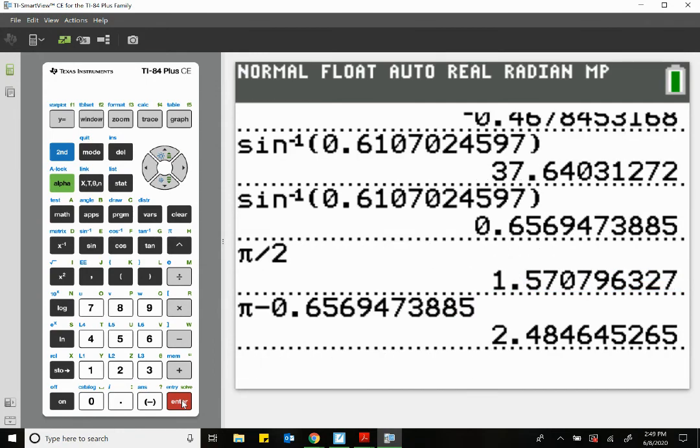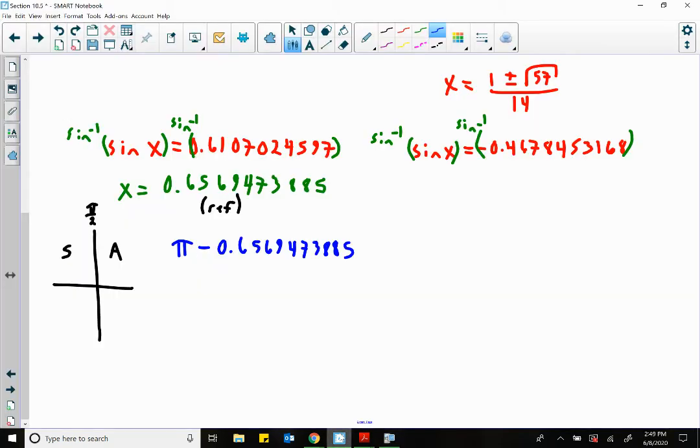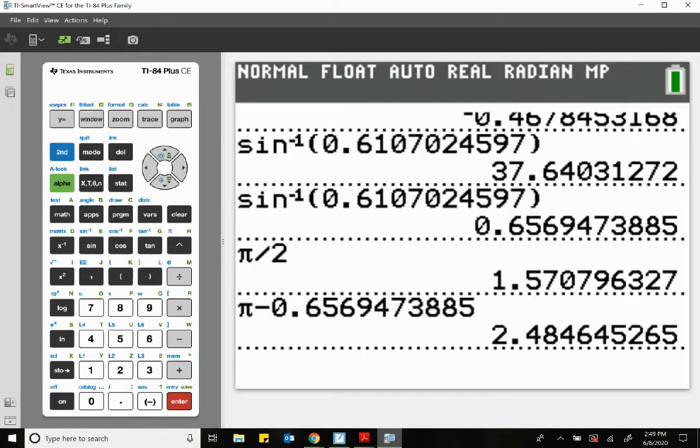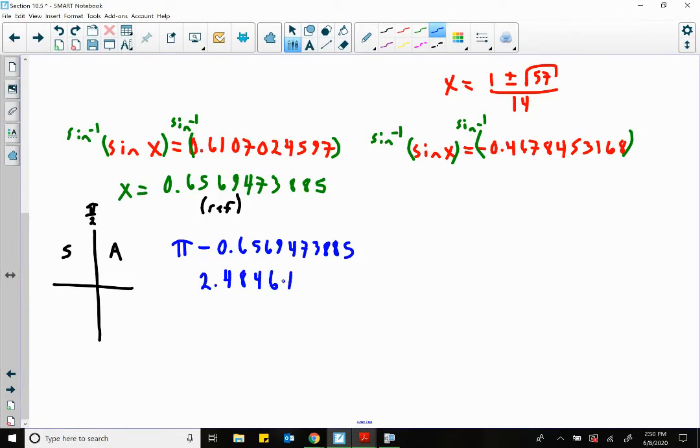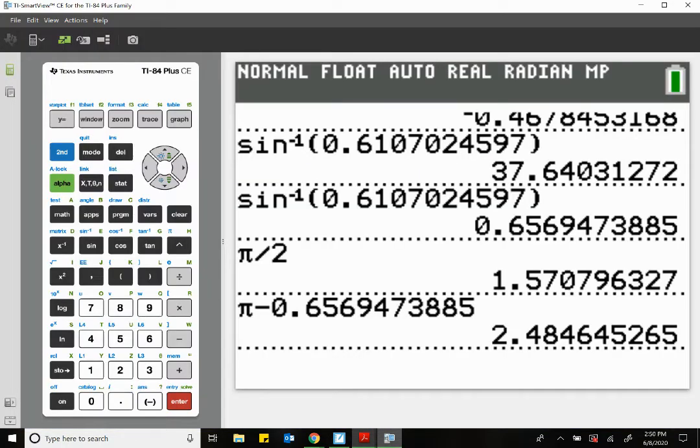And there you go. There's the other angle that's in quadrant 2. Okay? So 2.4846 4526 5.